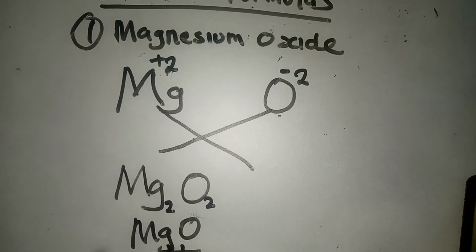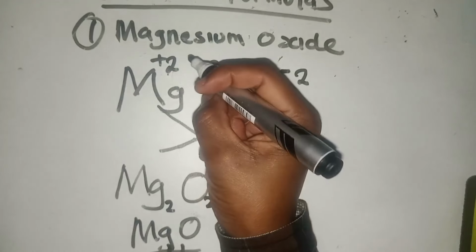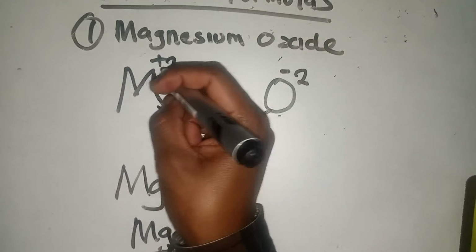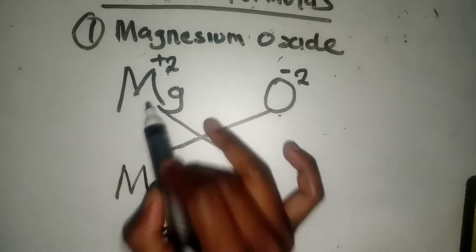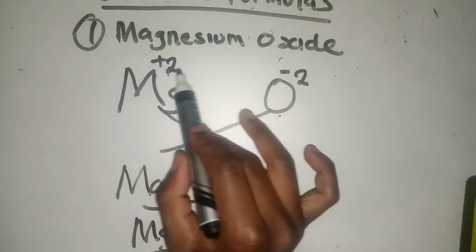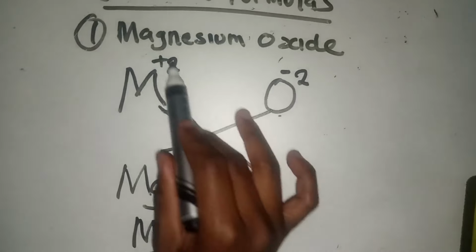So you just need to know the group number or the valence number of a given element. For example, magnesium is found in group 2, so the valence number is 2, a positive charge.